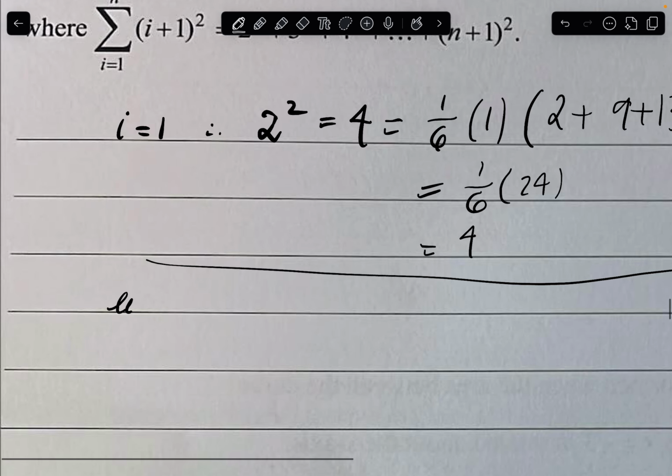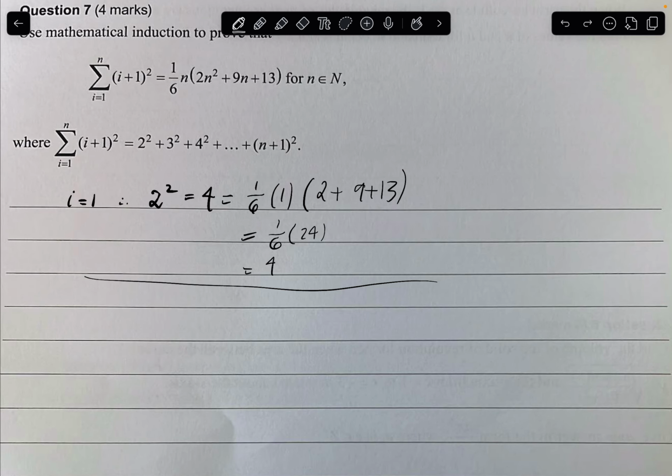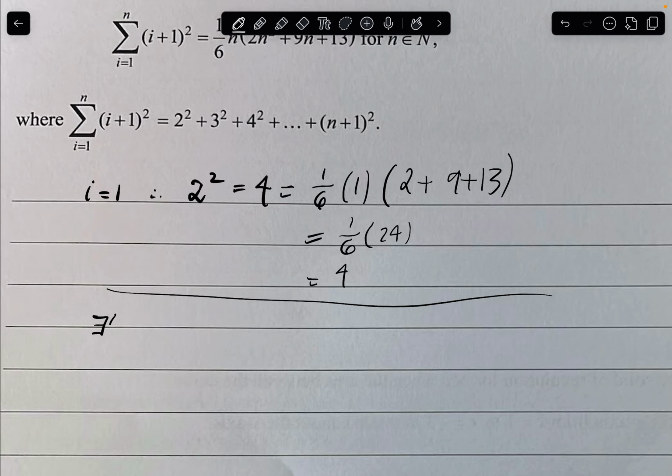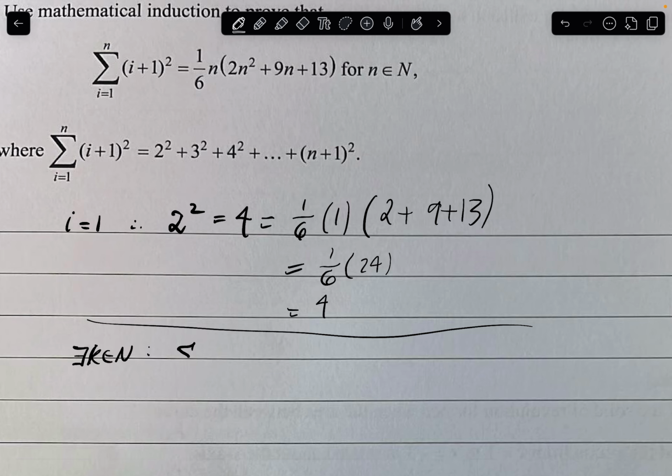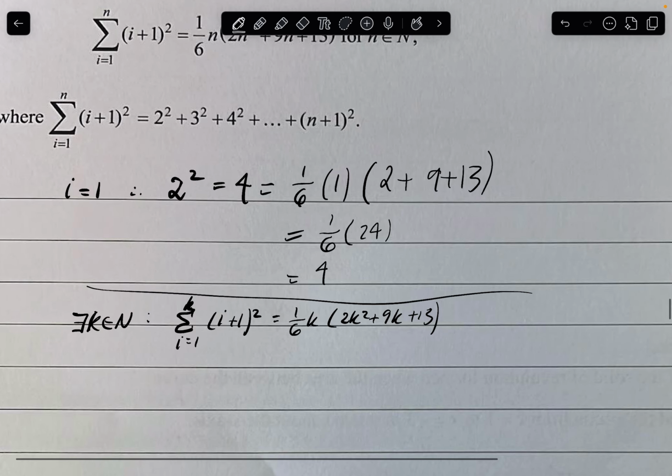Then let's say that there exists a k. So that exists.